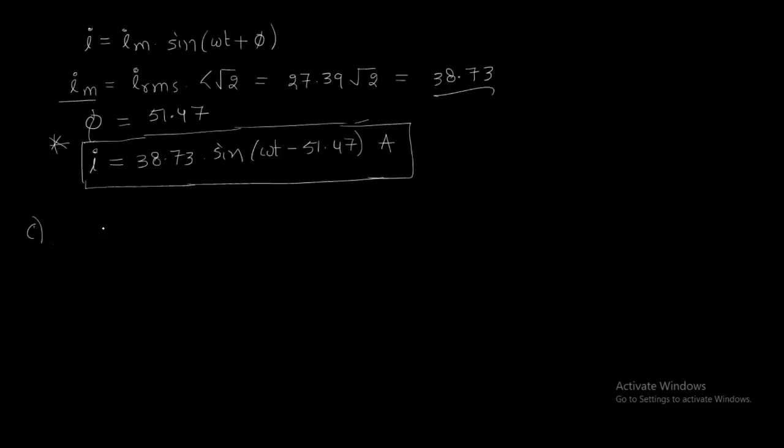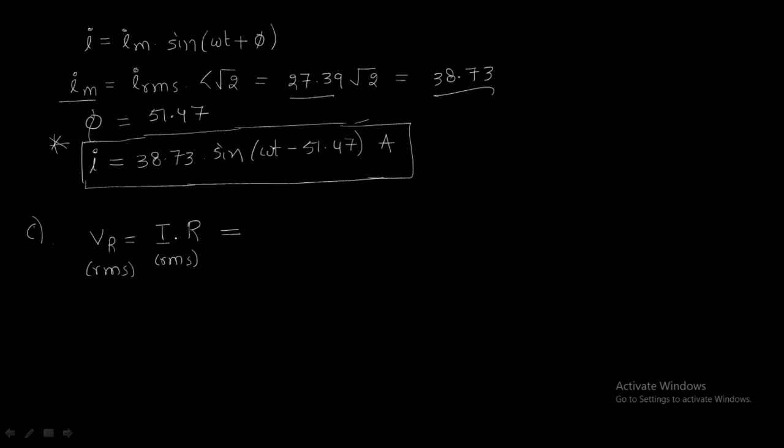So voltage across the resistance equals the current flowing through the resistor into R. Better to write, he is asking for effective, and effective and RMS are both the same. Just IRMS into R.